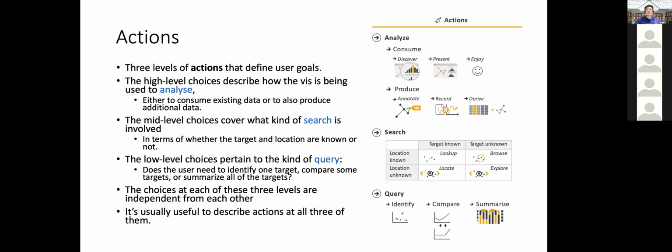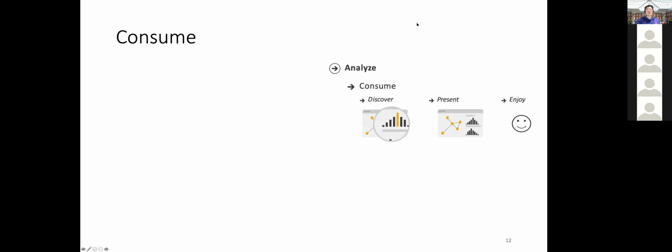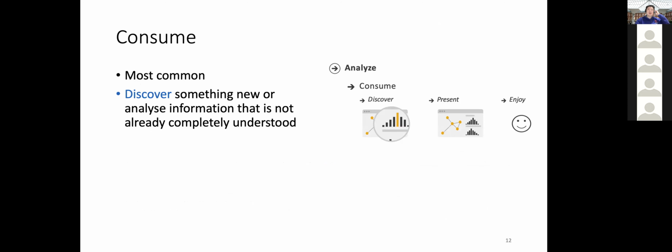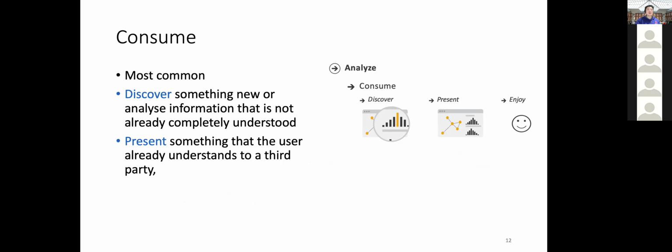Okay, and we're going to start with the top one, analyze. Usually this is the most high level one, and it can be either consume or produce. Consume means you are not creating new information, you are just analyzing existing information. You might be trying to discover something, which is probably straightforward, and potentially presenting something.